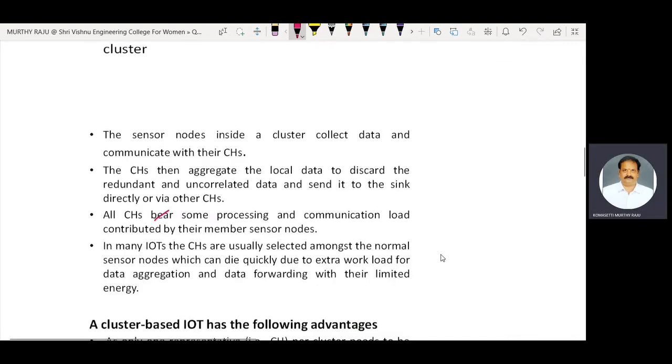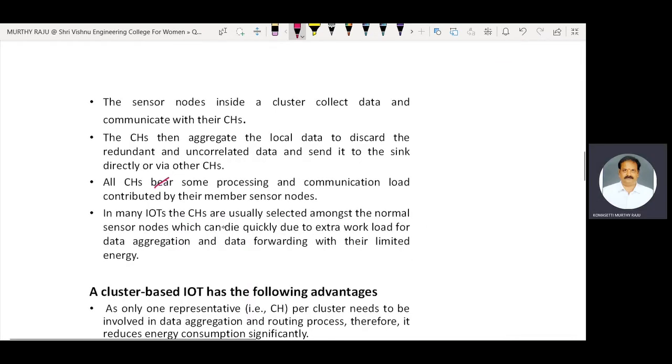That is the procedure. In many IoTs, cluster heads are usually elected among the normal sensor nodes, which can die quickly due to extra workload for data aggregation and data forwarding with their limited energy. This one is the cluster head.